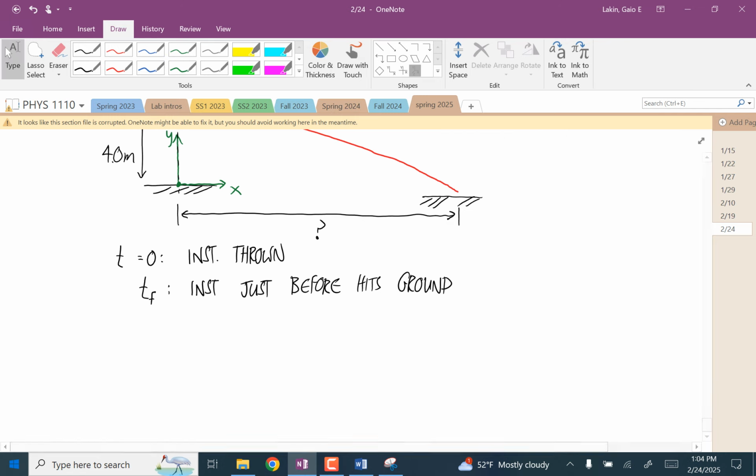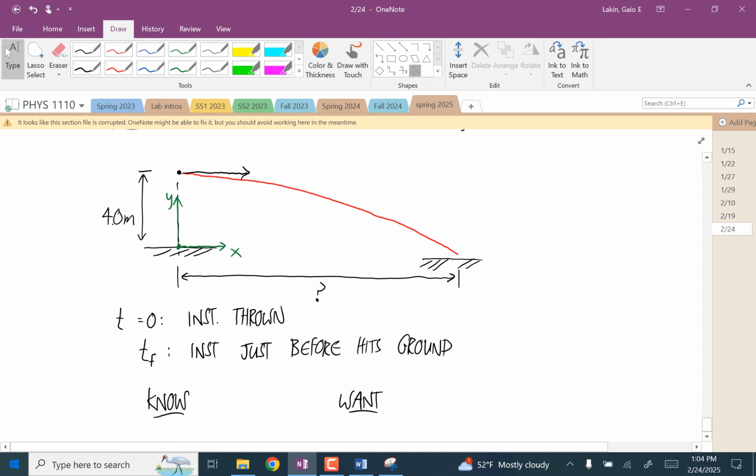And now we have to think through what variables we know and what variable we're trying to find. Do we know how long it's going to take, what the stopwatch is going to say when the ball hits the ground? No. Do we know the acceleration? In projectile motion and free fall, we always know this.